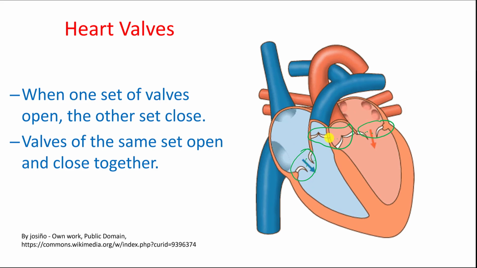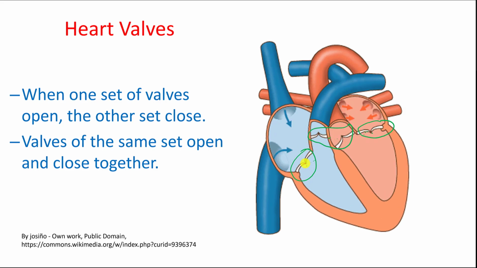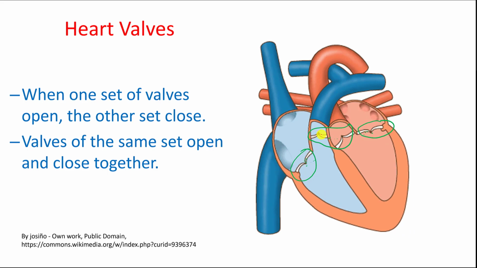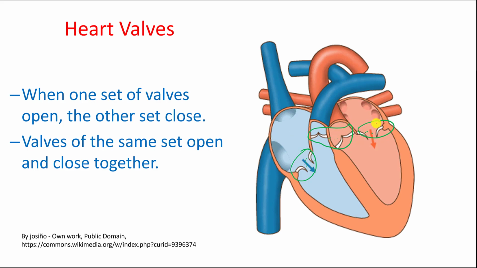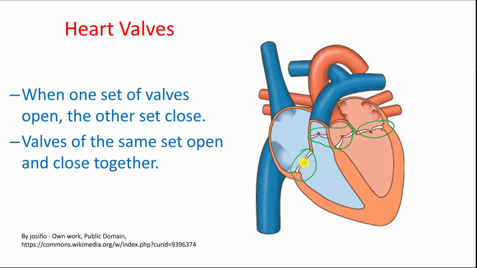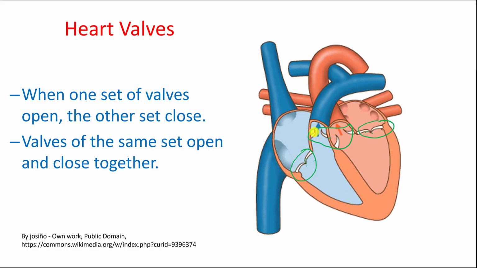If the semilunar valves are open, the cuspid valves will be closed. If the cuspid valves are open, the semilunar valves will be closed. We cannot open all four valves together at the same time.